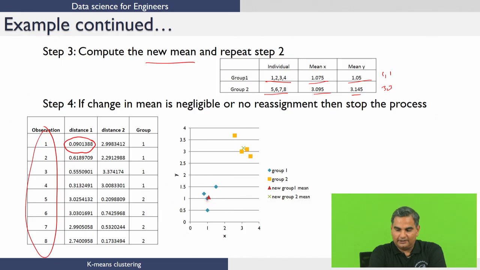Now that the representative point has become 1.075 and 1.05, this distance is no more 0, but it is still a small number. So, for each of these data points with these new means, you calculate these distances, and again use the same logic to see whether distance 1 is smaller or distance 2 is smaller, and depending on that you assign these groups. Now, if you notice, by doing this, there was no reassignment that happened.